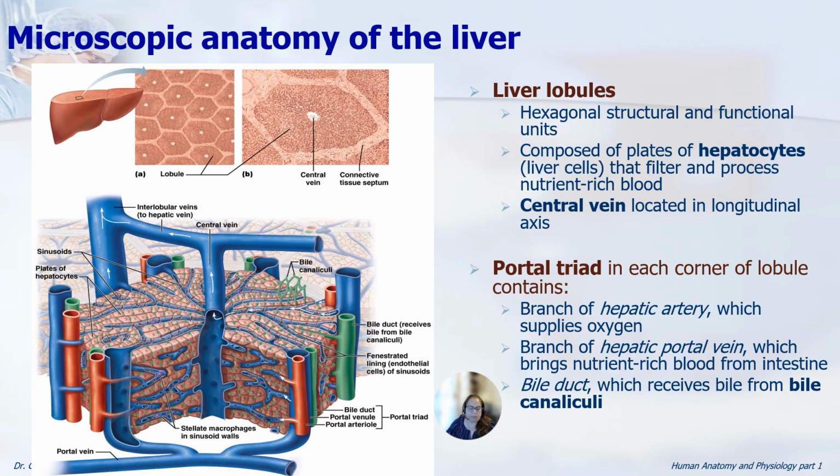Okay, so let's look at the microscopic anatomy of the liver. The liver is made up of small, sesame seed type lobes, and those lobes can be considered as if you have a book and you fold the pages of the book into lobes.